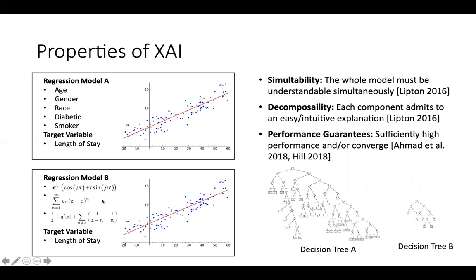But suppose the deep learning models are using relatively simple features like these, which have intuitive meaning, versus complex, highly engineered features like these. If the deep learning model is using the intuitive features and the regression model is using these engineered features, then the dichotomy does not hold. And lastly, there's the expectation that the model comes with certain performance guarantees and or convergence.